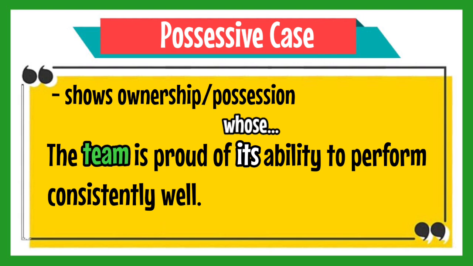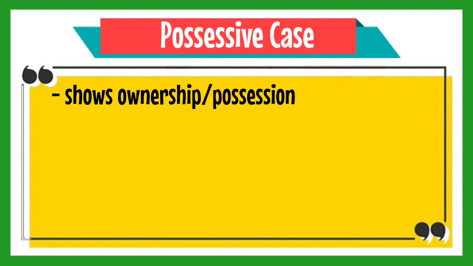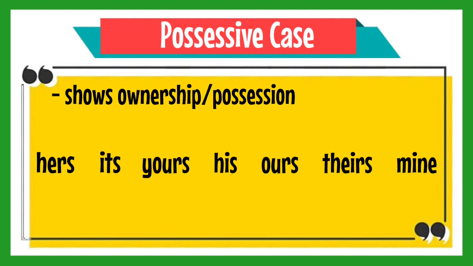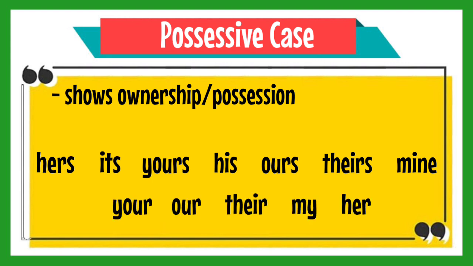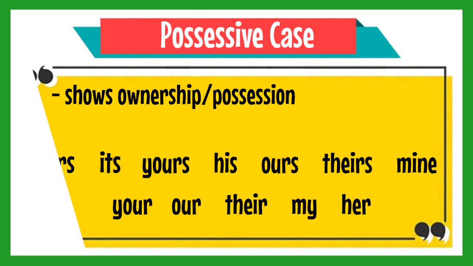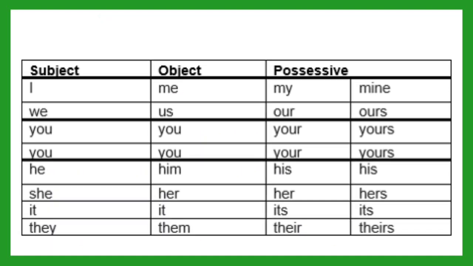Okay? Other pronouns in the possessive case, aside from hers and its, are yours, his, ours, theirs, mine, your, our, their, my, and her. Is it clear? Let us put all these pronouns in a table to compare them easily. Again, subject pronouns include I, we, you, he, she, it, and they.